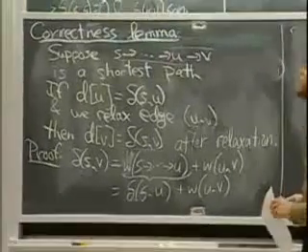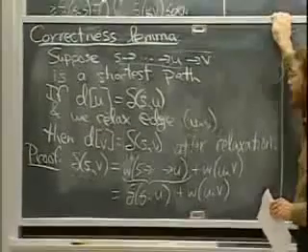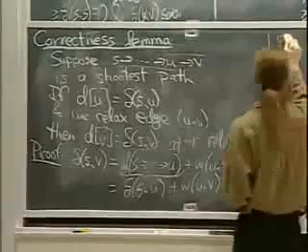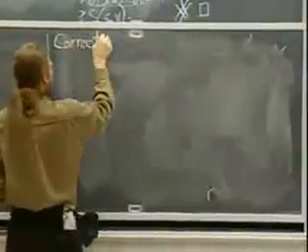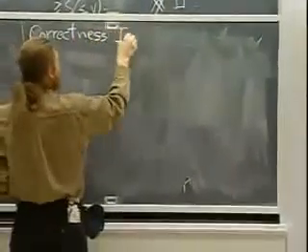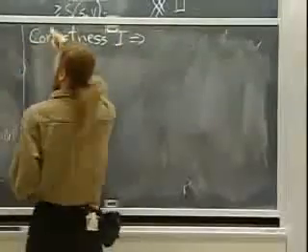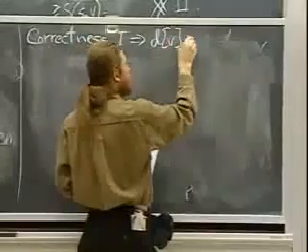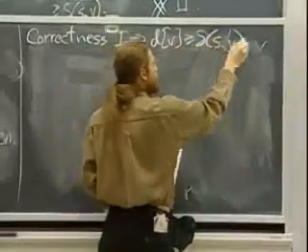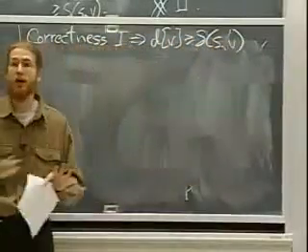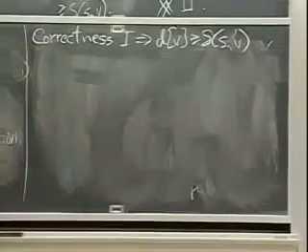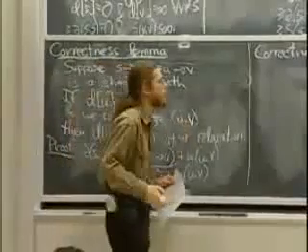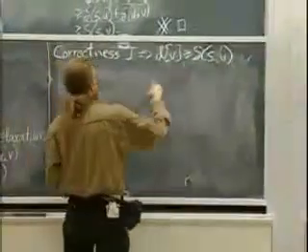On the other hand, we know from this lemma that no matter what we do, d of v is greater than or equal to delta of s comma v. So let's write that down. There are a few cases, and this will eliminate some of them. By correctness 1, d of v is either equal or greater than delta of s comma v at all times. I'm thinking about the time before we do the relaxation of uv.